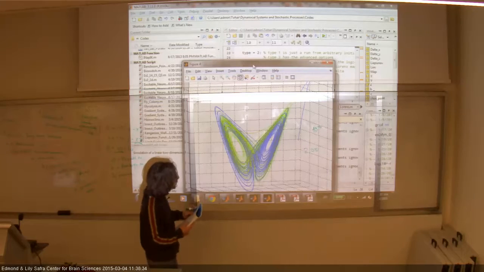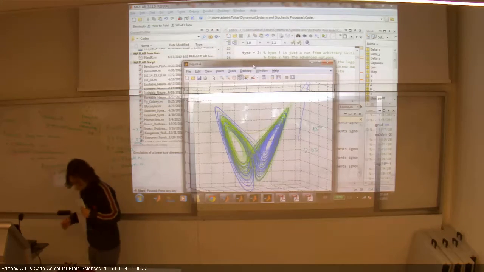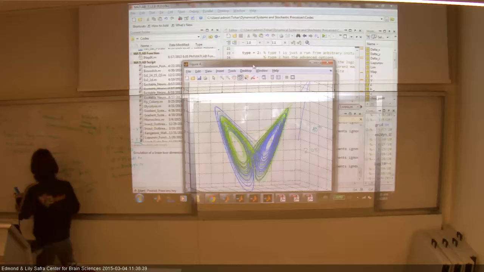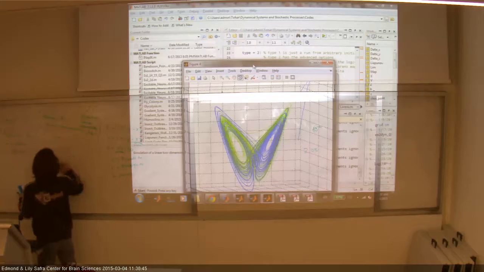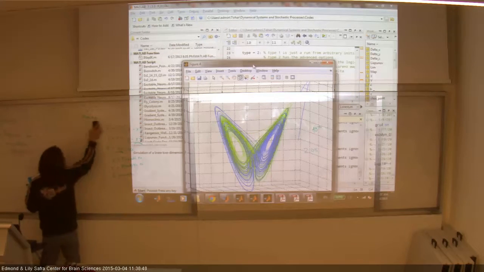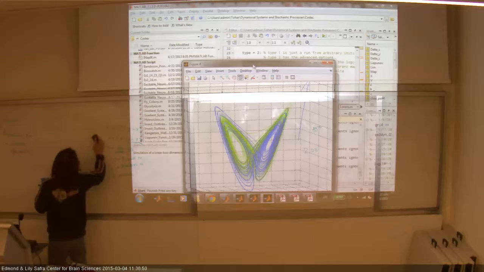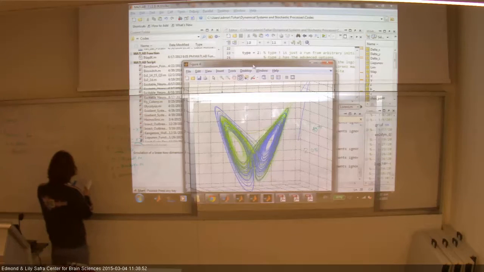So we measure the divergence of nearby trajectories by looking at how this delta, the difference between their initial conditions, grows.